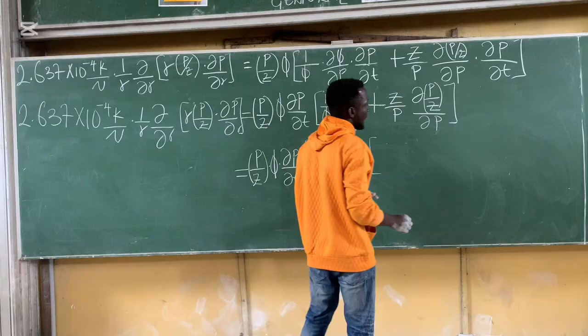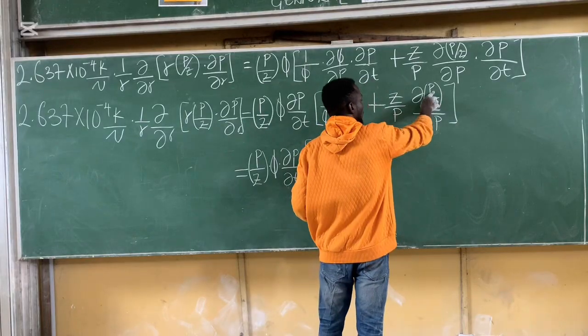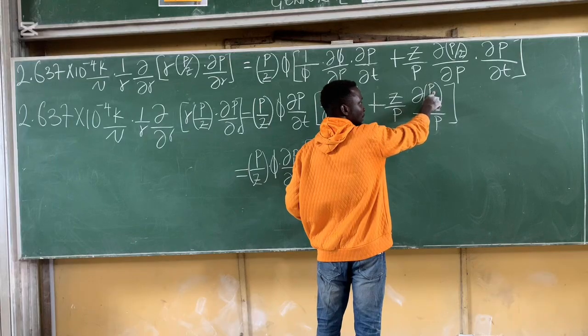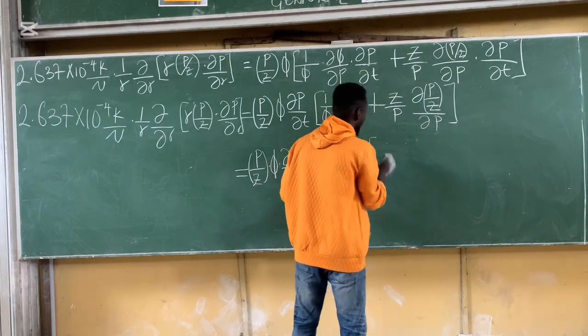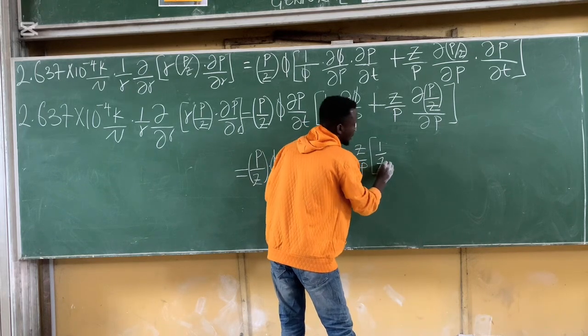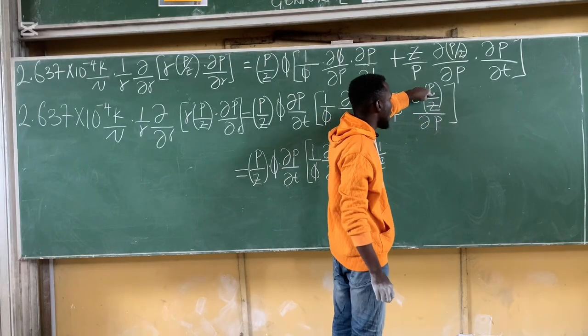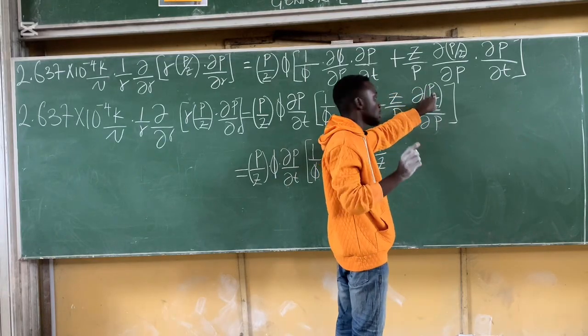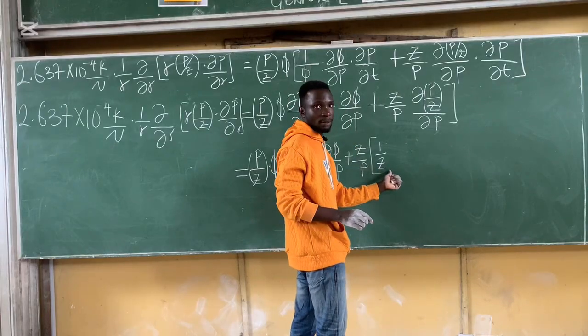First of all, since we are differentiating two parameters, first differentiate p. If you are differentiating p, 1 over z becomes constant. So we are going to have 1 over z. Differentiate p, you are going to have 1. So 1 times 1 over z, we are going to have 1 over z.